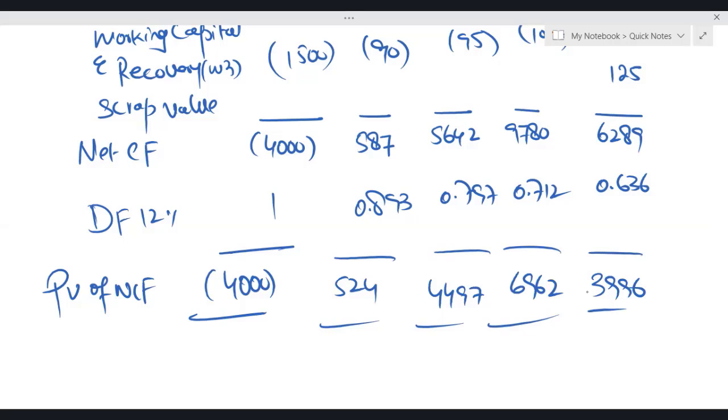I'm getting 969, just make it 3. 6289 into 0.636. That is different, I'm getting 4,000.